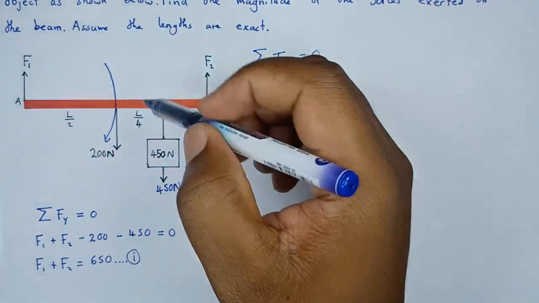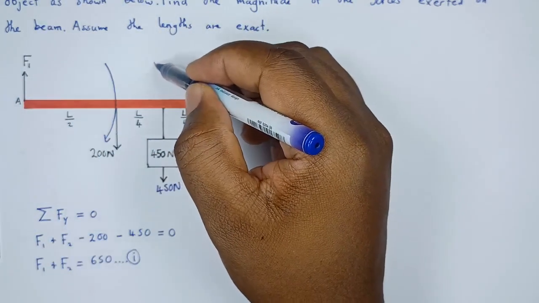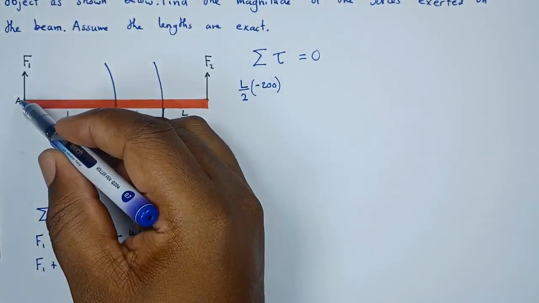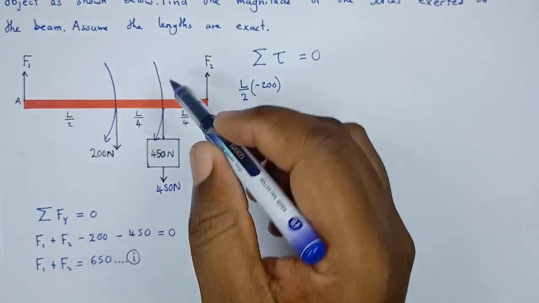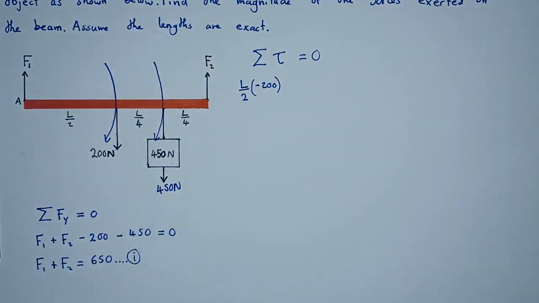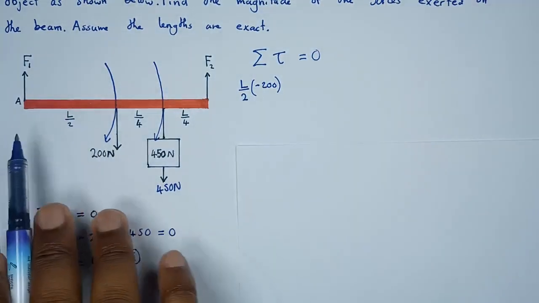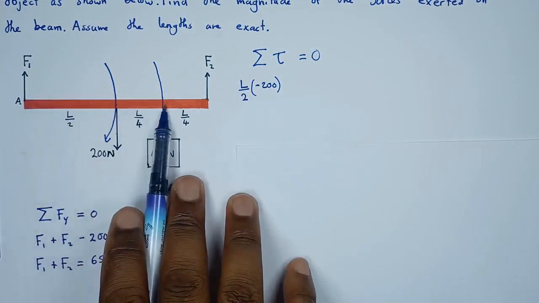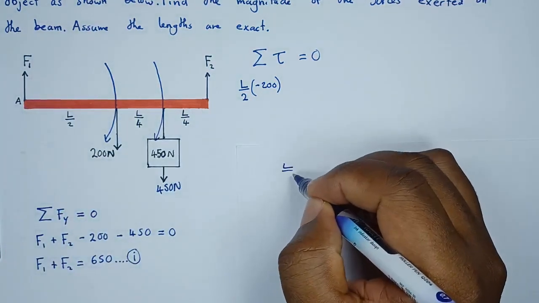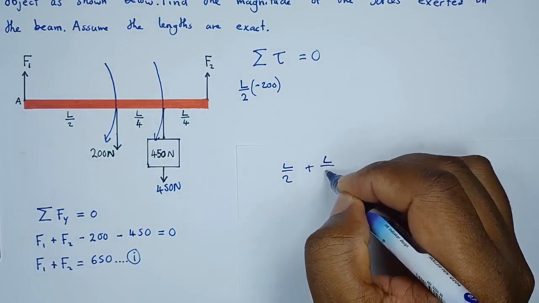Let's come to this point. It will also rotate in this direction, hence it is clockwise since this is the rotation point. So since this is clockwise, what is the distance? Remember, we need the distance from the point of rotation to the force. So we have L over 2 and L over 4. We're adding L over 2 plus L over 4.